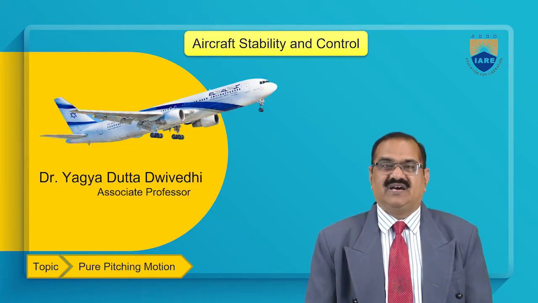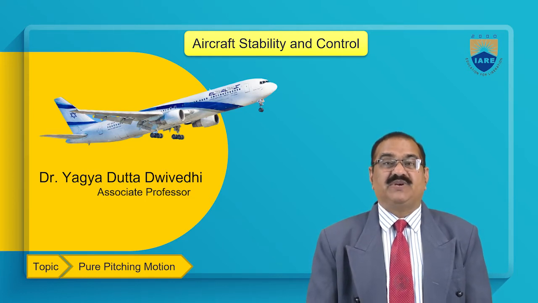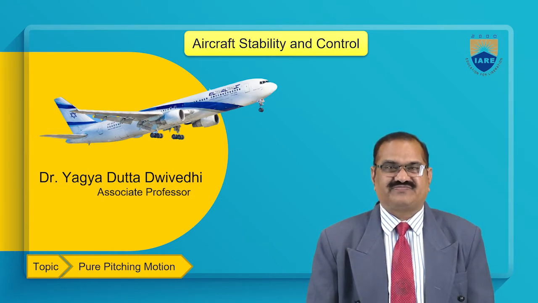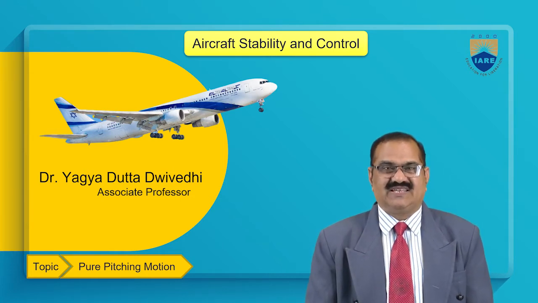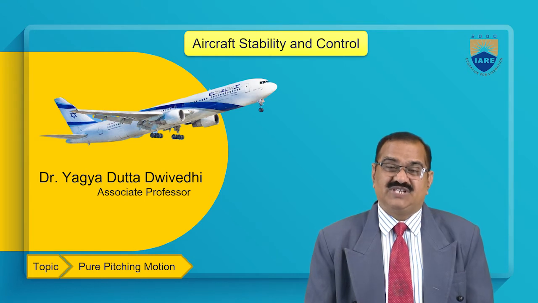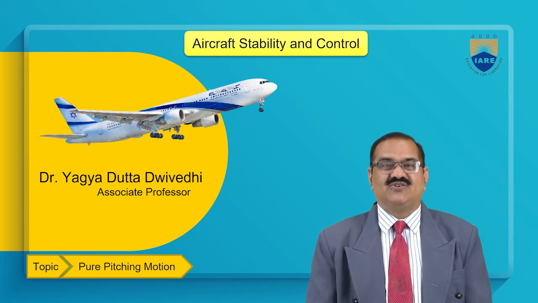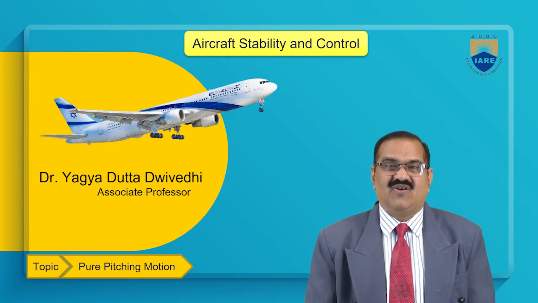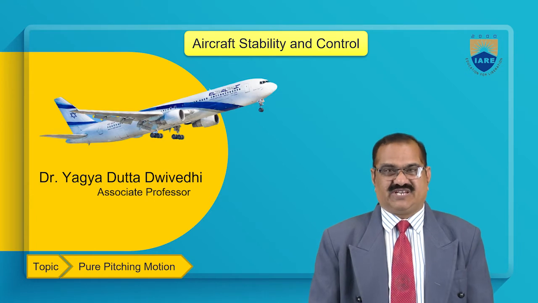However, the velocity u and the pitch angle theta change tremendously. But in the short period mode, we have seen that the angle of attack variation also takes place. However, the velocity remains constant.